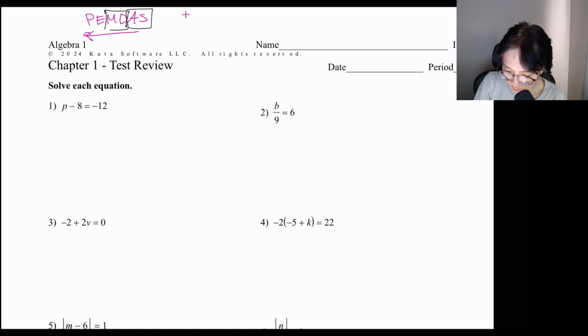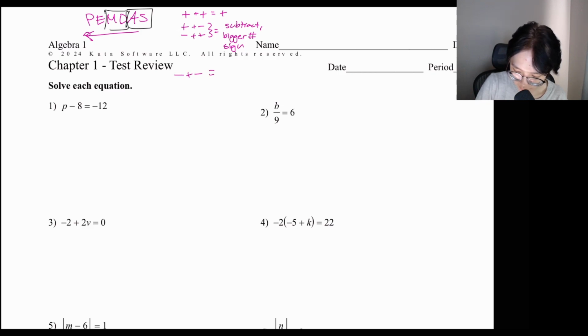If you have a positive plus a positive, that equals a positive. If you have a positive plus a negative, or a negative plus a positive, that goes subtract, bigger number sign. Or a negative plus a negative, that's just add, and then the sign is negative.